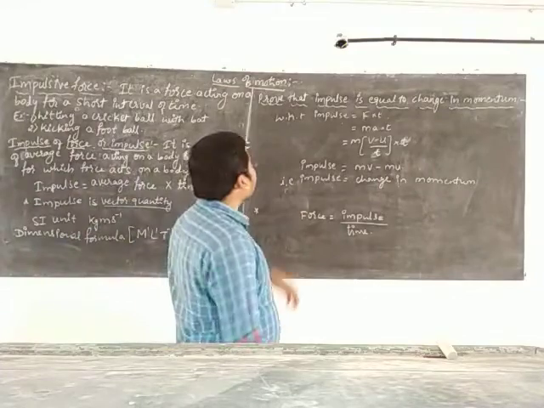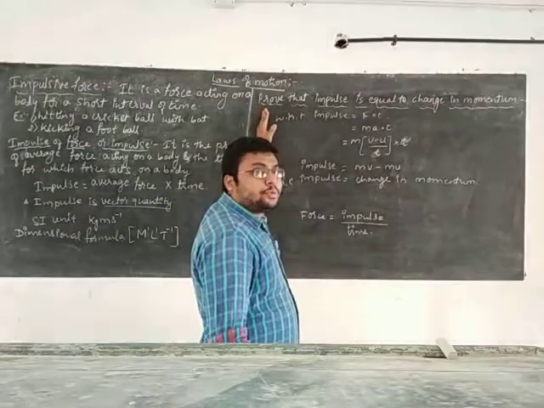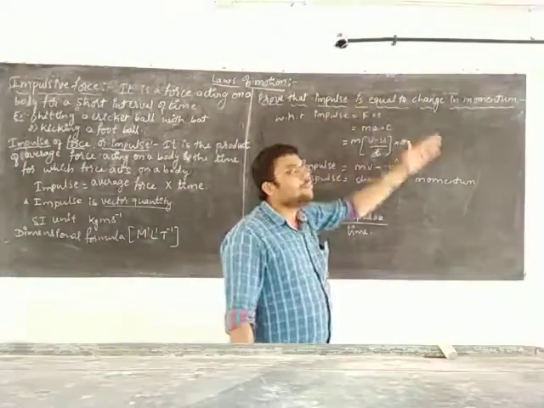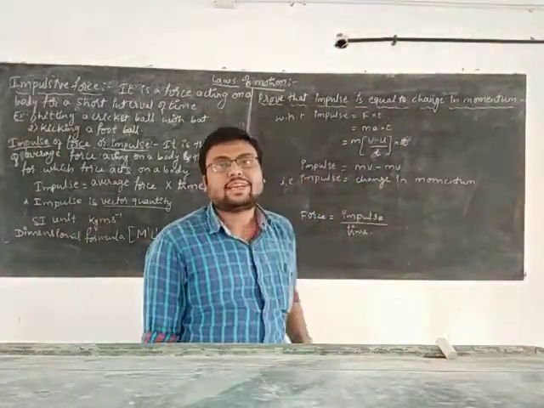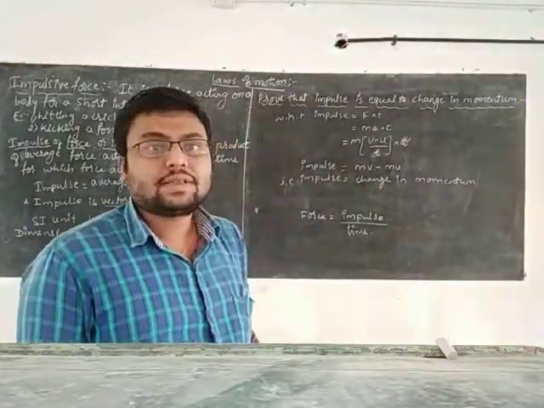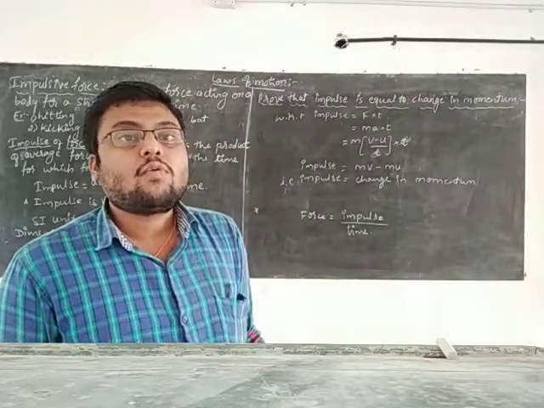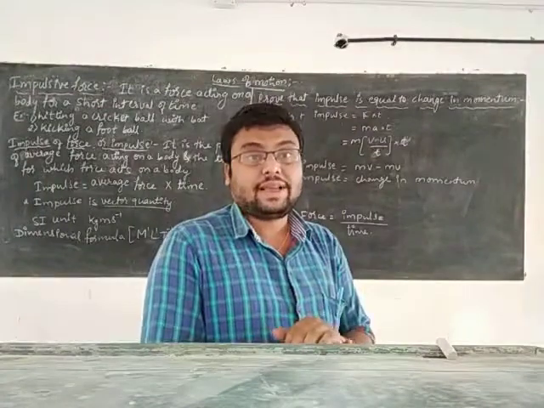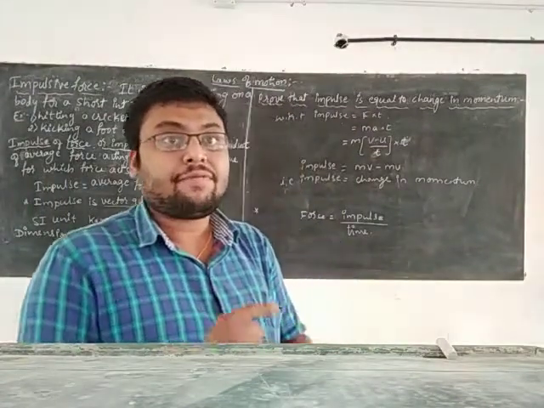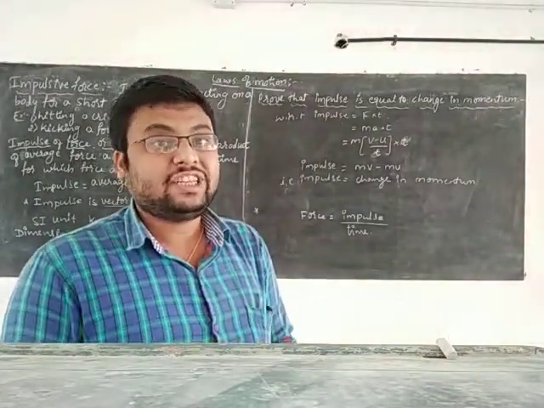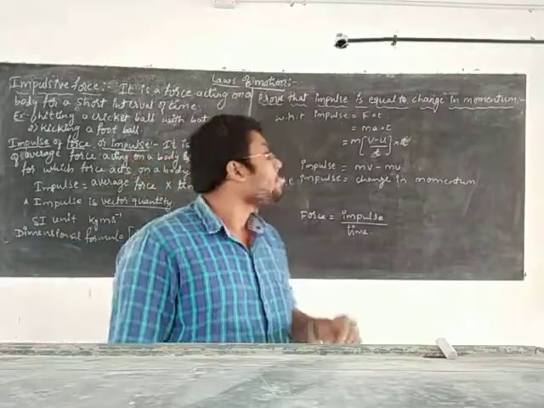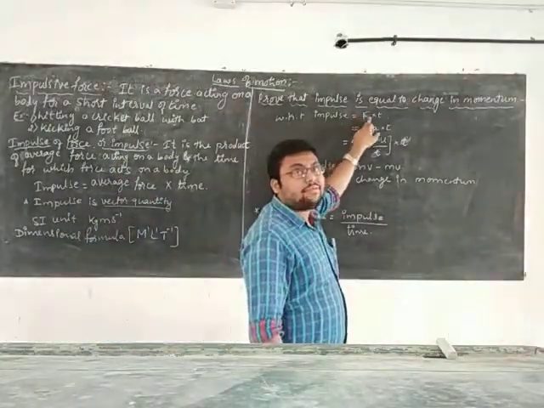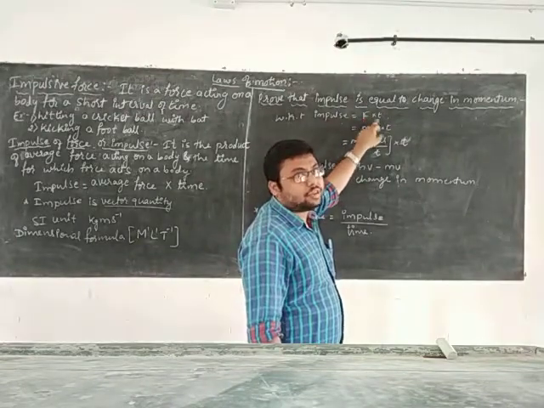Okay. And here we need to prove that impulse is equal to the change in momentum. Momentum means the product of mass and velocity. Okay. And change in momentum means the difference between the final momentum and the initial momentum. Okay. So now impulse is equal to, we know, force into time, that is average force into time.